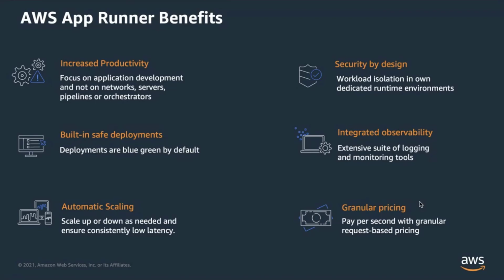But with App Runner, you don't need them. It's fully integrated. And finally, you have granular pricing, where you essentially pay for when your application is processing requests, and you're priced based on your applications and not the underlying infrastructure.